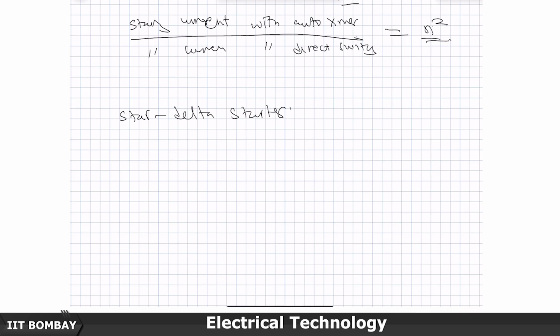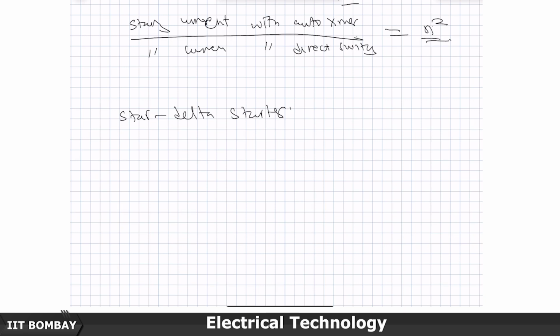So in this, what we do in the star delta starter is that the two ends of each phase of the stator windings are brought out to the starter, which is moved from the starting position.